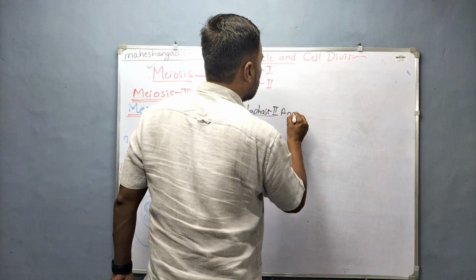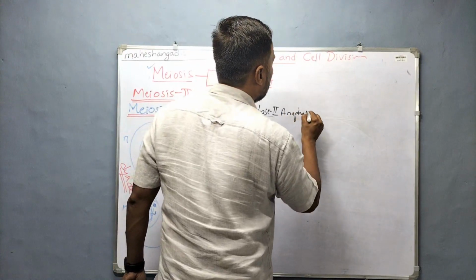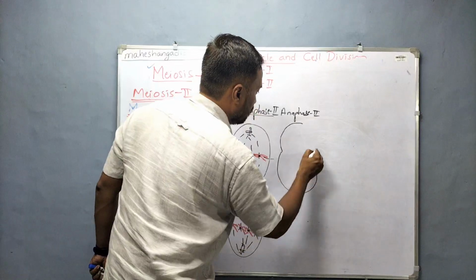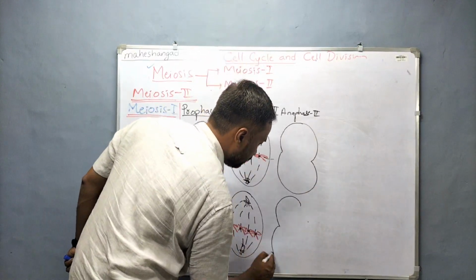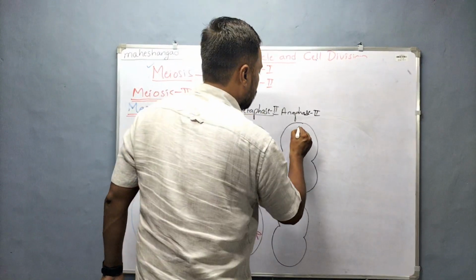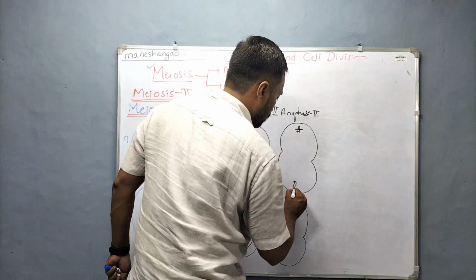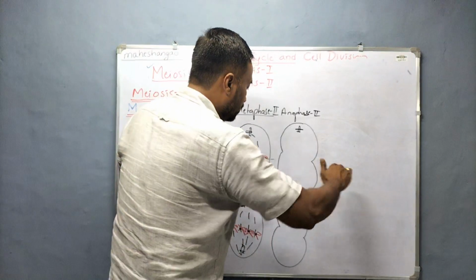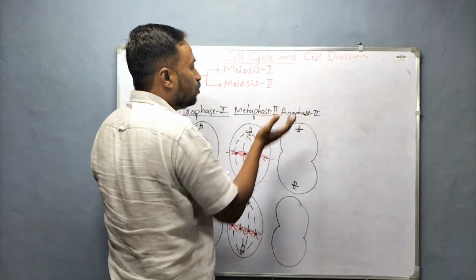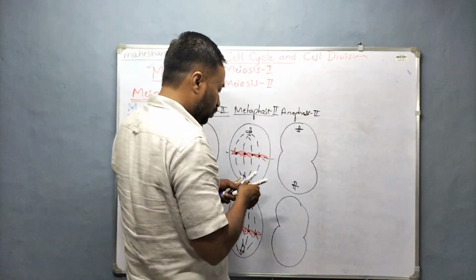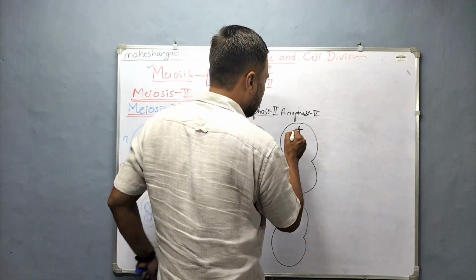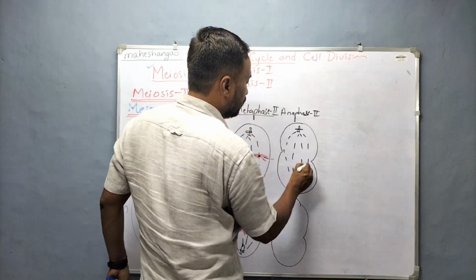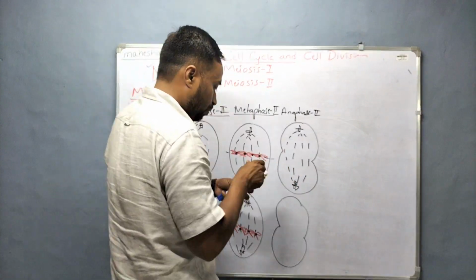Then in anaphase 2, see here, what changes occur? The centromere splits and the chromosomes move towards the opposite pole.